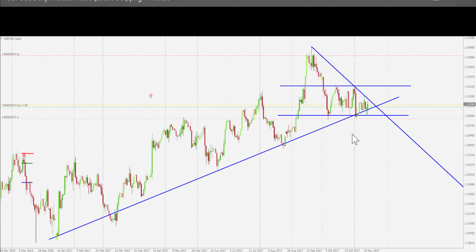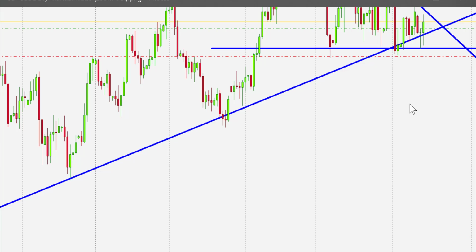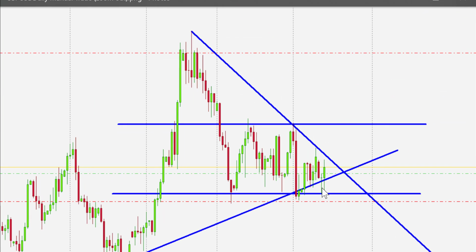And so at the time, we got in with this one standard lot. And here we can see that we went in on this candle here.